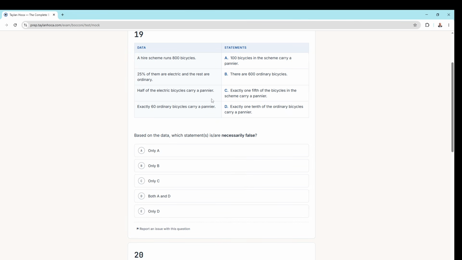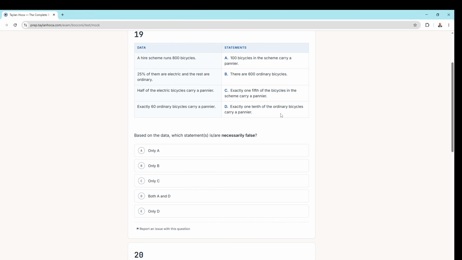So 200 electric, and half of the electric, 100, carry a pannier, and 60 ordinary carry a pannier, so 160, right? So this is necessarily false: there are 600 ordinary bicycles. Yes. Exactly 1/5 of the bicycles in the scheme carry a pannier. 160 out of 800, yes, 1/5.